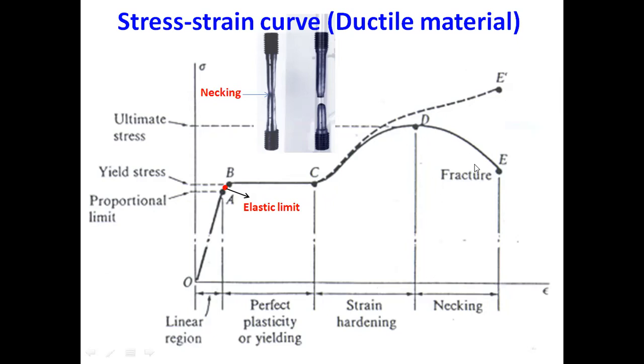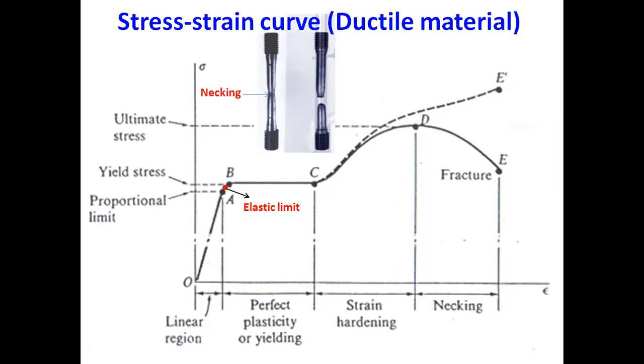And then from point D to point E we have necking. Necking is this phenomenon when considerable decrease in diameter happens. Because we are subjecting the material to tensile loading, we are pulling the material, so the length of the specimen would increase. However, the diameter of the specimen would decrease.